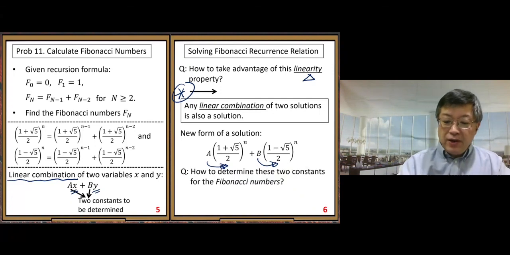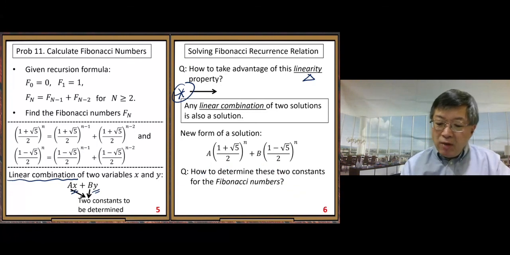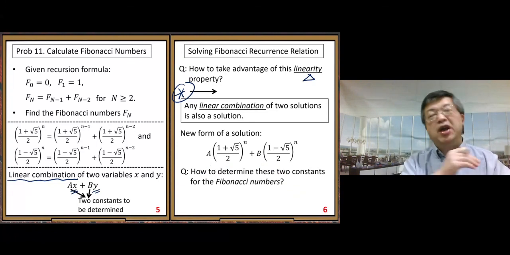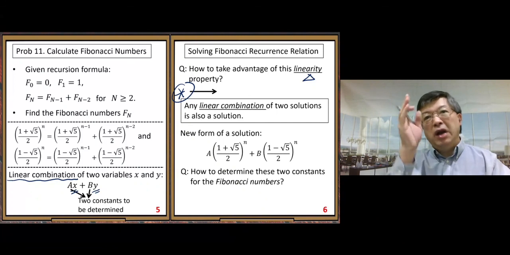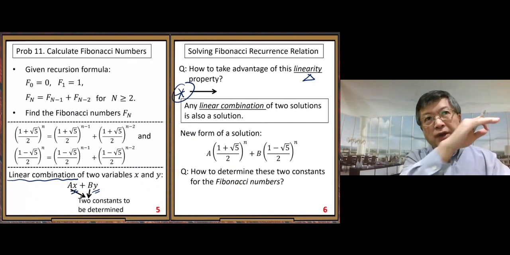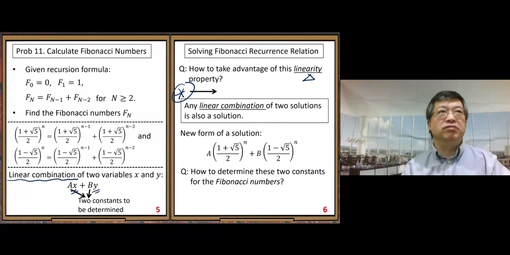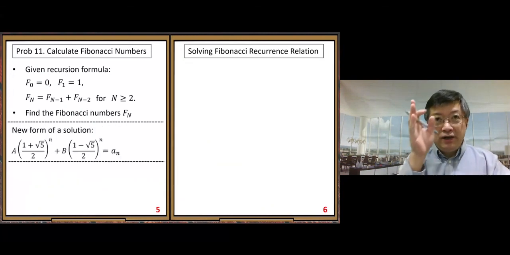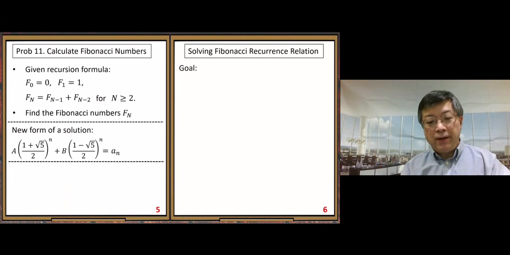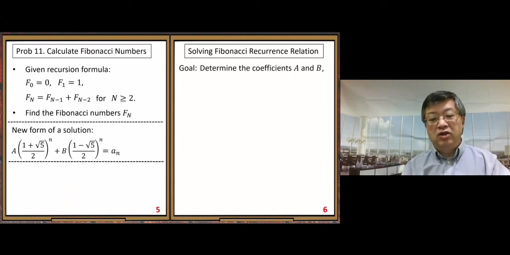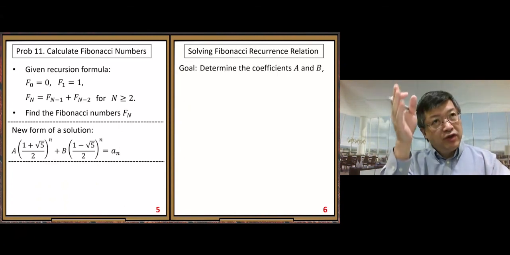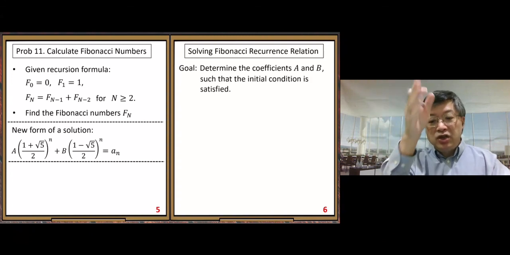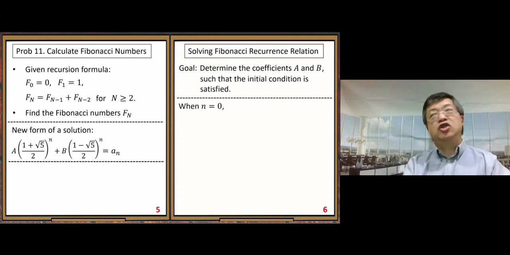Now the question: how do we determine these two constants for the Fibonacci numbers? Our last step is to determine these two numbers using the initial condition. That part is pretty simple, so let us do it as the final step. The goal is to determine the constant coefficients A and B such that the initial condition is satisfied.